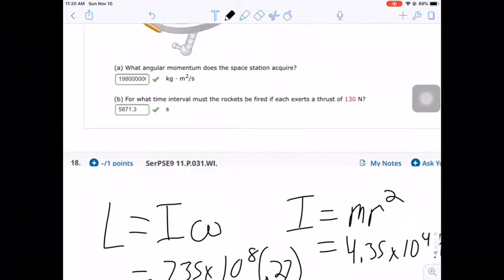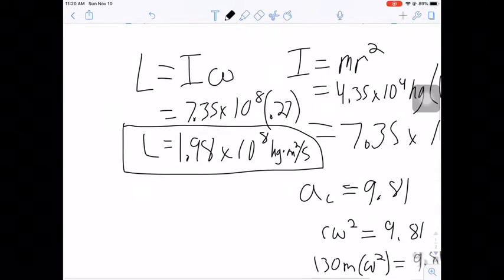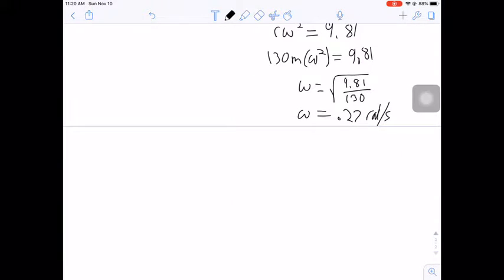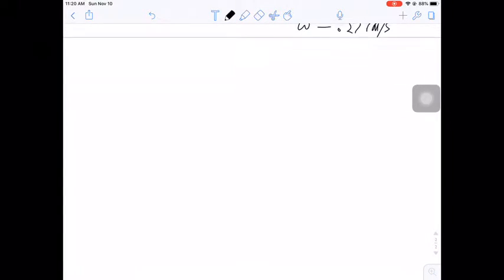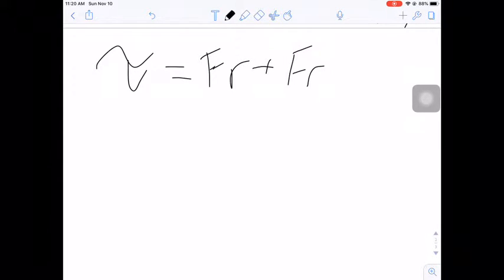And part B asks, for what time interval must the rockets be fired if each exerts a thrust of 130 newtons? So for part B, we'll do it down here. We know that the torque is equal to F cross R, F times R. We can do it for each one: F times R plus F times R because there are two rockets, so 2FR is basically what we get.